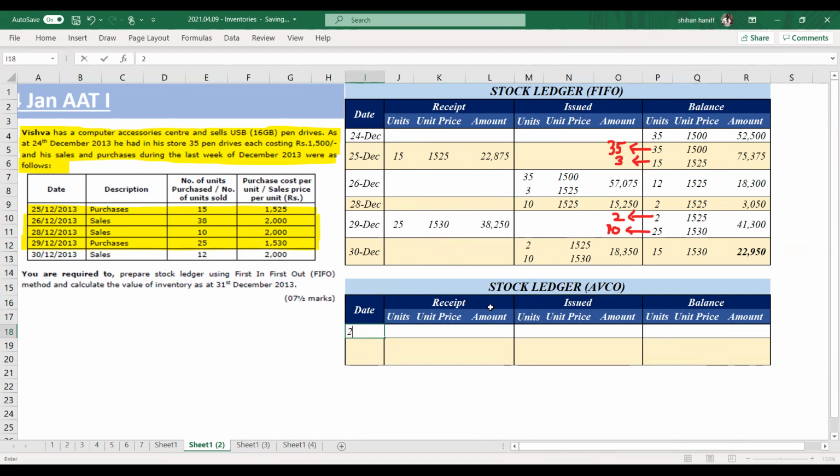So in this average cost method, the opening balance will be the same: 35 units, 1,500, 52,500. That is the opening balance.